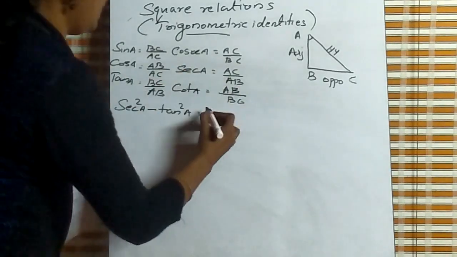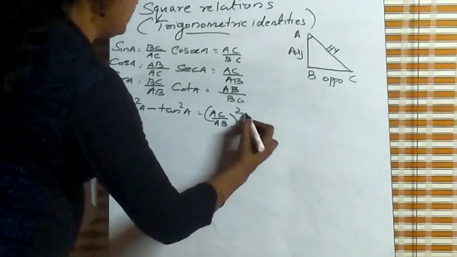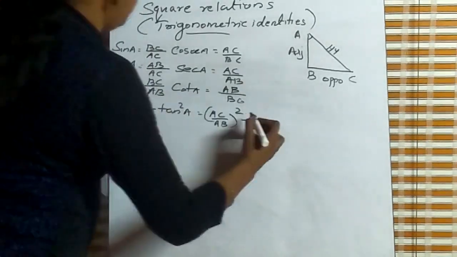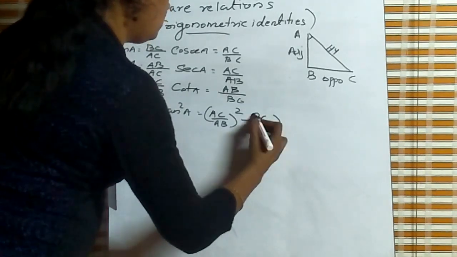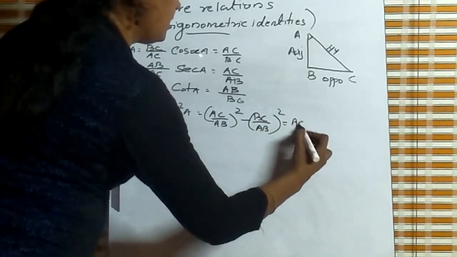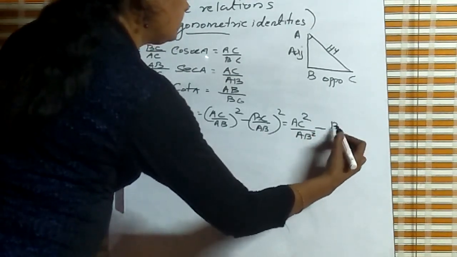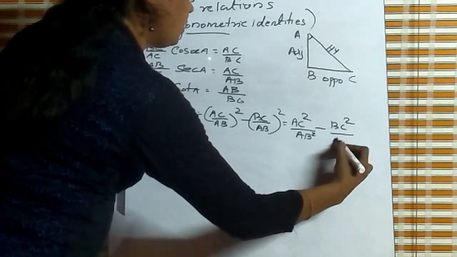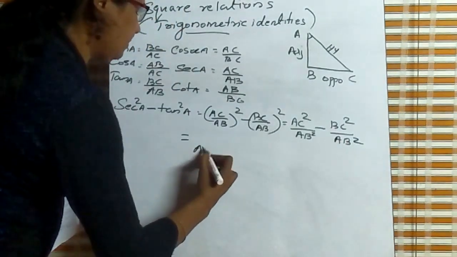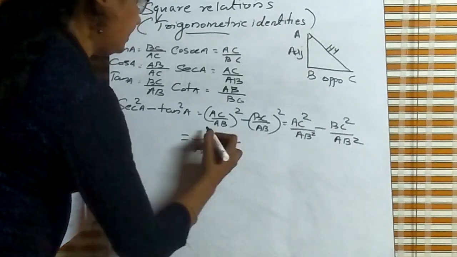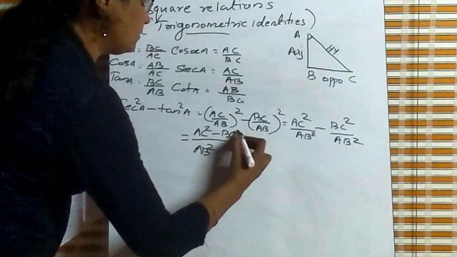Sec A is AC by AB, whole square, minus tan square A, BC by AB, whole square, equals AC square by AB square minus BC square by AB square. Common denominator AB square upon AC square minus BC square.